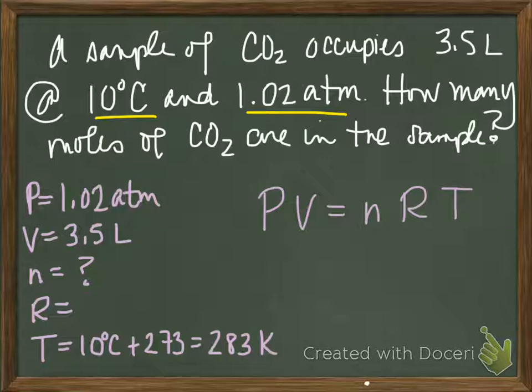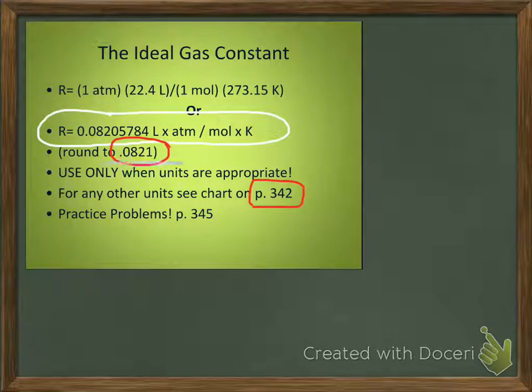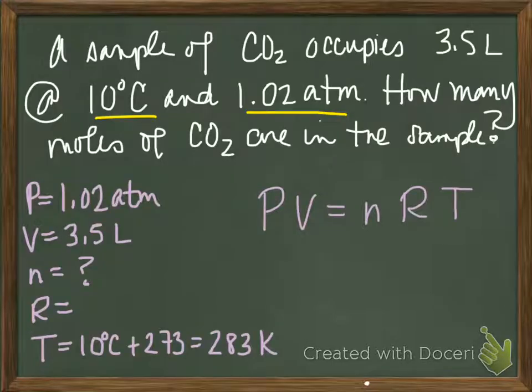And R, what's R? 0.0821 liter atms over moles Kelvin. Note that when I wrote the ideal gas constant, I actually put in the units, liter atms over moles Kelvin. You'll see how helpful that can be in terms of doing the dimensional analysis to prove that your algebraic rearrangement of the formula is correct.